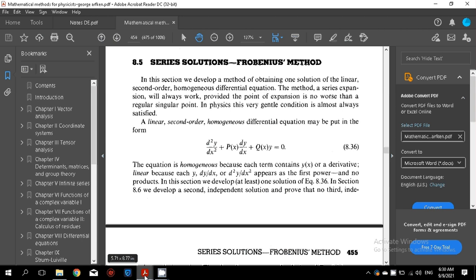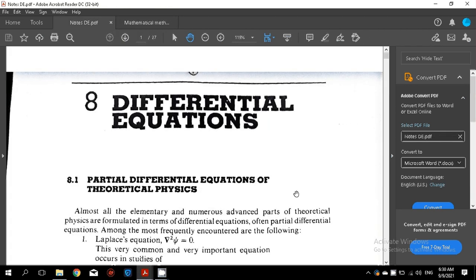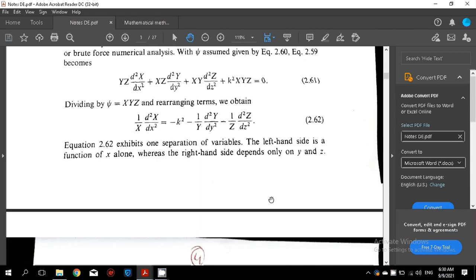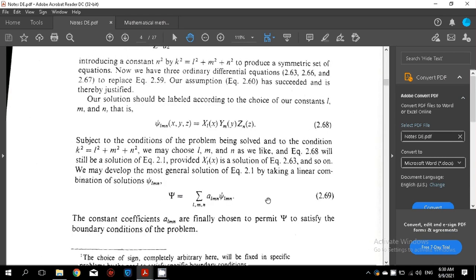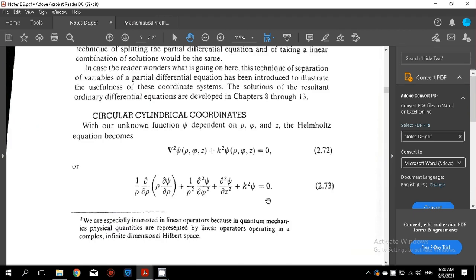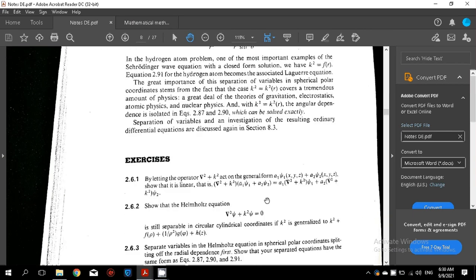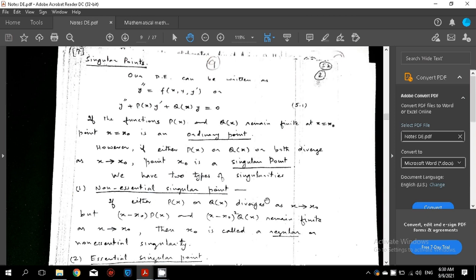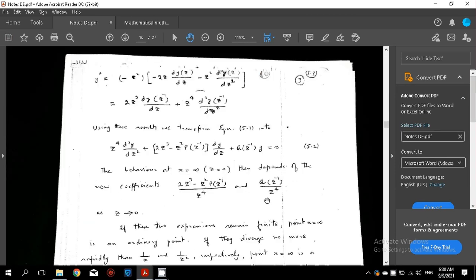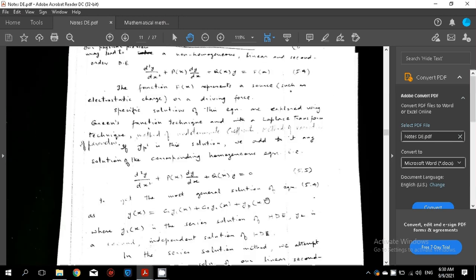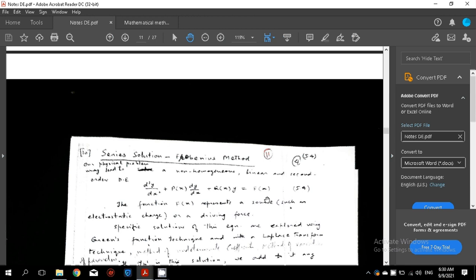So here are my notes that show you the detailed steps here for the series method. Okay, so these are the singular points, which we discussed in the previous lectures, and now is the series solution method.